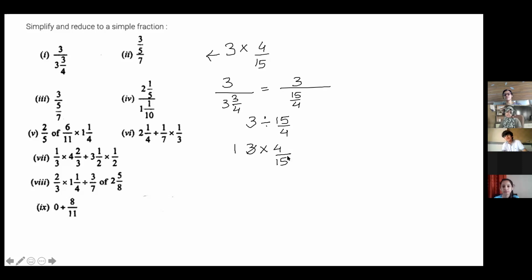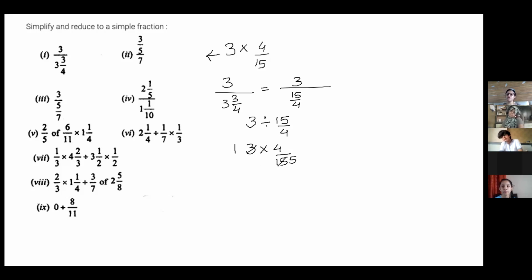Ma'am, then we can convert it into decimals also, na ma'am? But when the question is in fractions, you have to find the answer in fractions. When it is specifically mentioned to write the answer in decimal, then you will write it in decimal. Here we are doing only fractions, because you should know the fraction calculation as well as the decimal calculation.